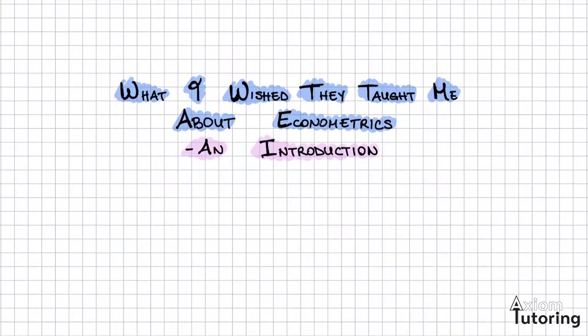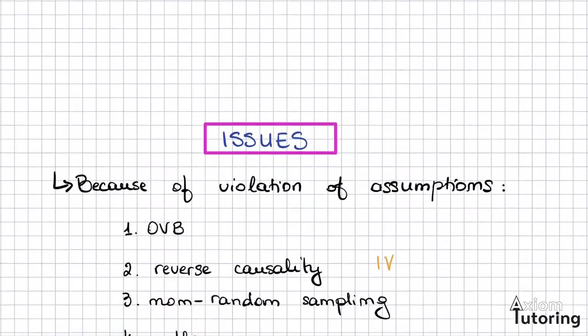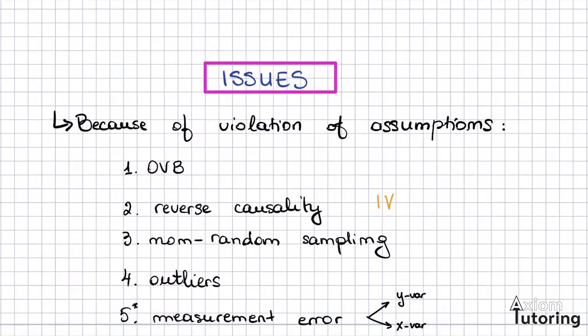So far, we've studied several situations in which OLS could go wrong, because of violations of the different assumptions we had about OLS. We've looked through omitted variable bias and reverse causality.